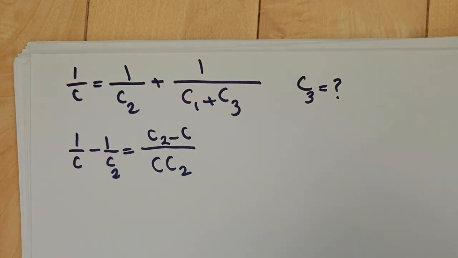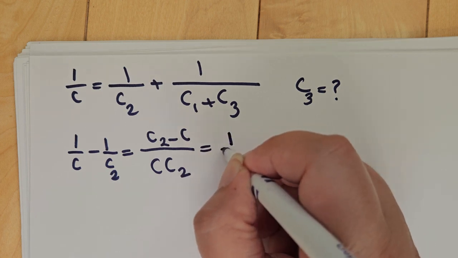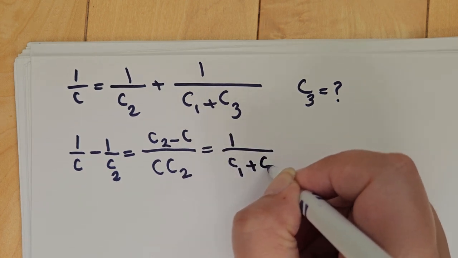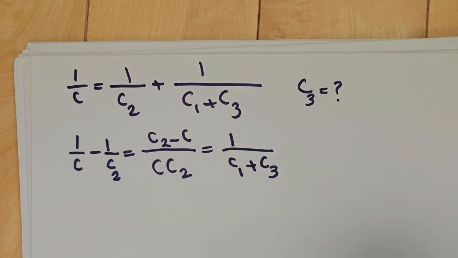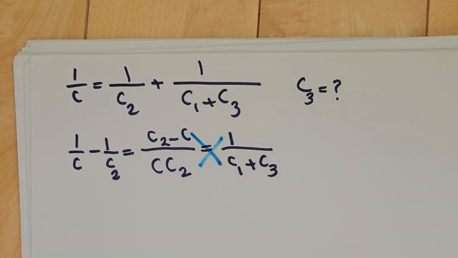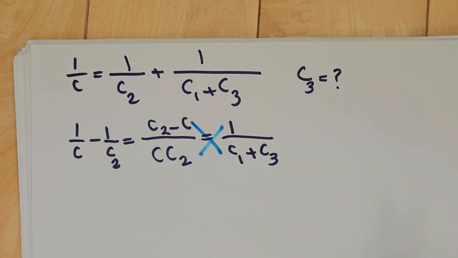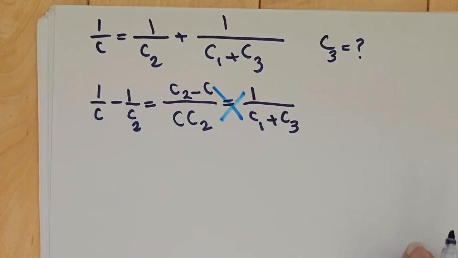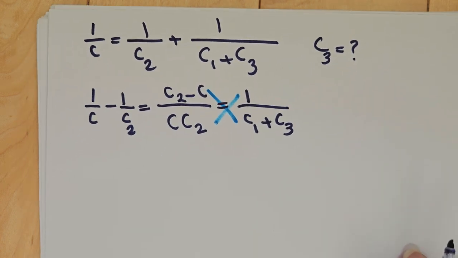Now I have one fraction on this side, one fraction on the other side. Perfect. Now I do cross multiplication, as you can see in the blue. Remember, this is one of the most important tools you can use in algebra. But remember the condition that you have to use: one fraction on this side, one fraction on the other side.